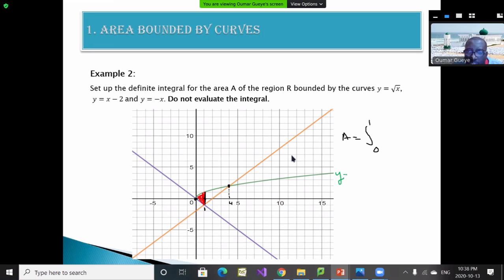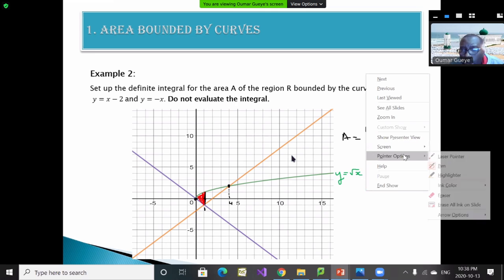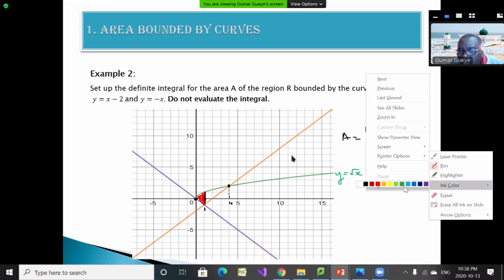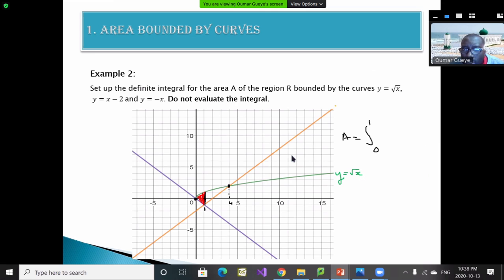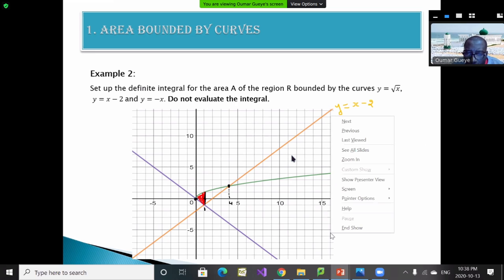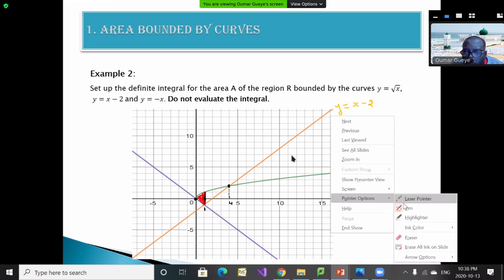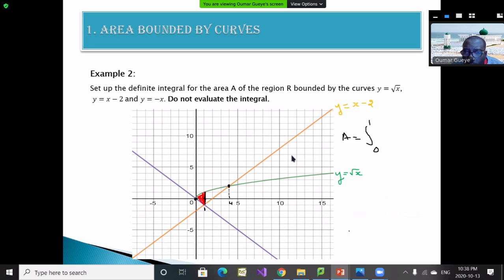This green curve is the curve of square root of x. So the orange line, I'm just going to change again. So this is y equal to x minus 2. And the purple one here, this line is y equal to minus x.